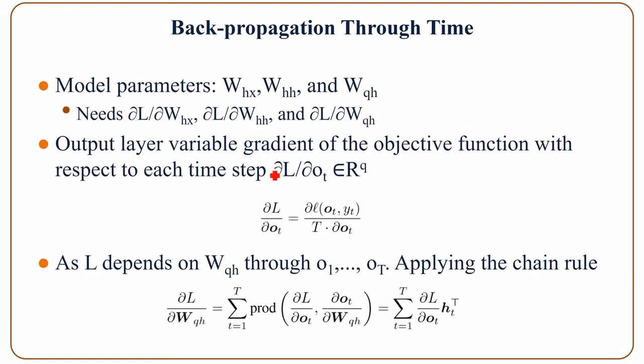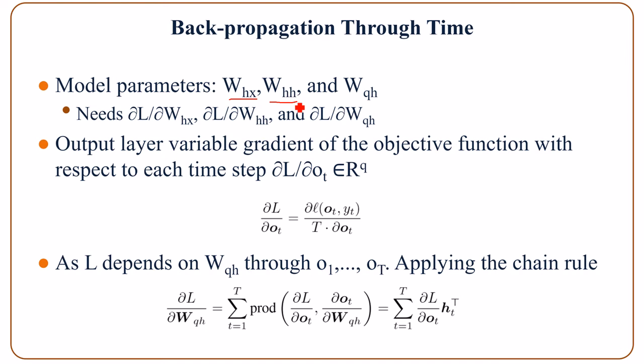Now we have seen three types of weights in the model: w_hx, w_hh, and w_qh. w_hx is the weight between the input and the hidden layer. w_hh is the weight between the hidden layer at time step t and the previous hidden state.